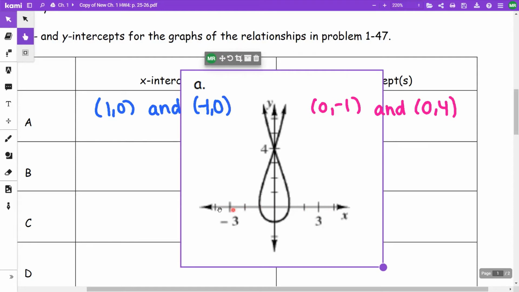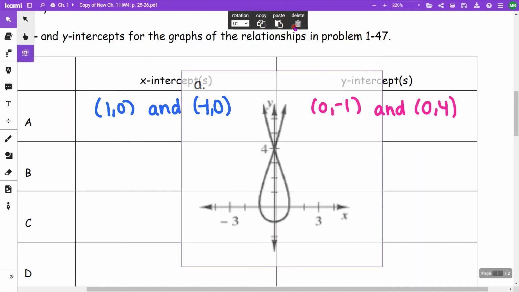All of my y's are 0 on the x-axis because the height of these points is 0. Going up on the y-axis, this is 0, 0, 0, 1, 0, 2, 0, 3, 0, 4. So each of these are going to be 0, comma, some number. Okay, so that's what we want to pay attention to.